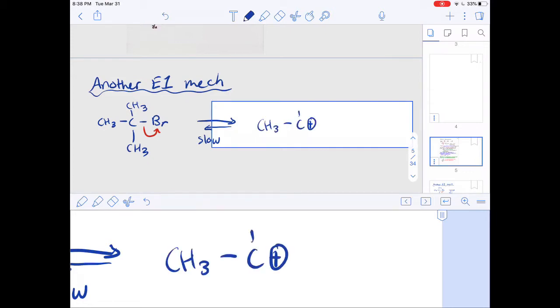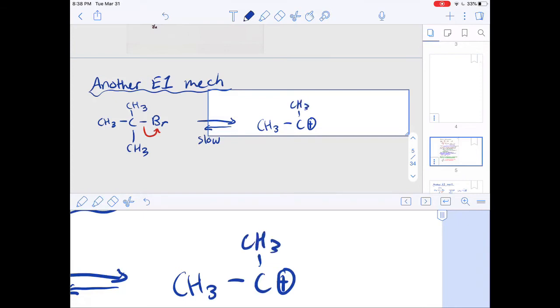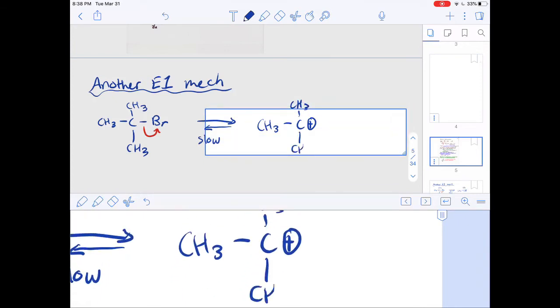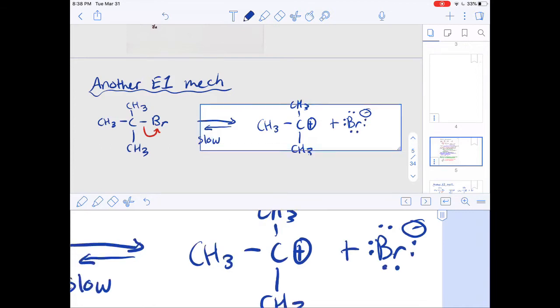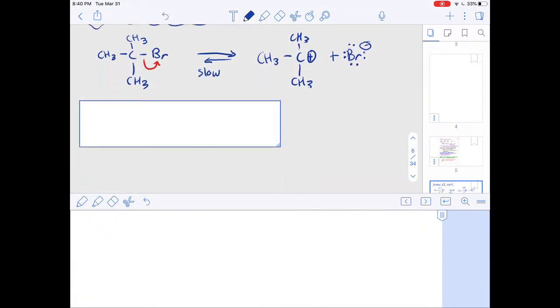Then you're left with your carbocation and your bromine anion. So that's step 1. Step 2 is going to be your fast step.